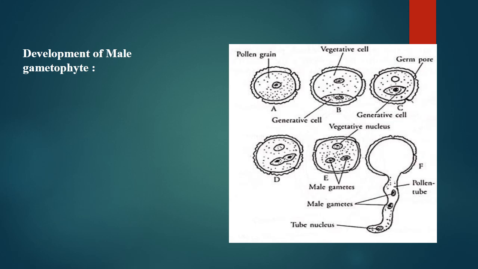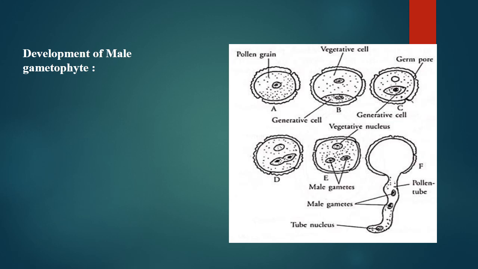The small cell that is formed is called the generative cell and the large cell is called the vegetative cell. A vegetative cell is rich in food and has an irregularly shaped nucleus. The generative cell floats in the cytoplasm of the vegetative cell.